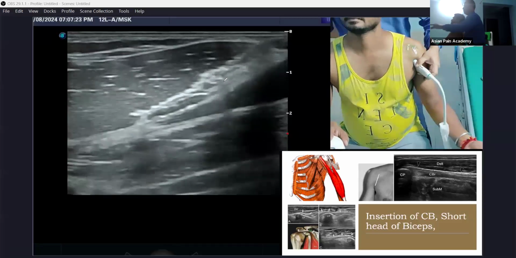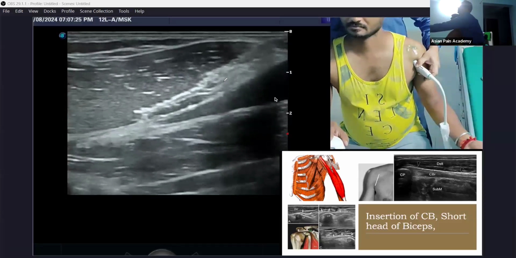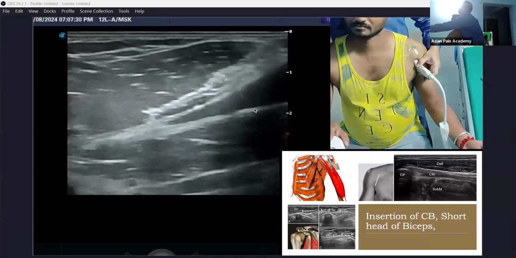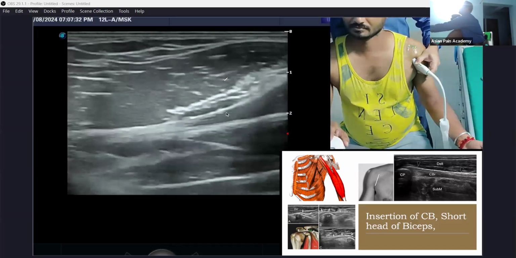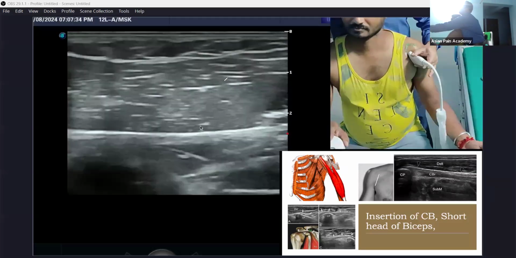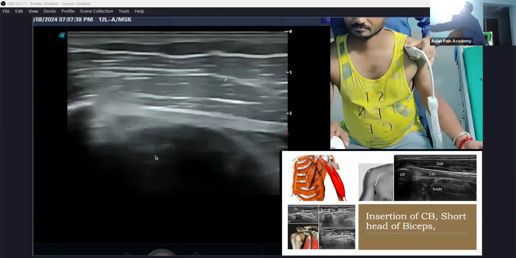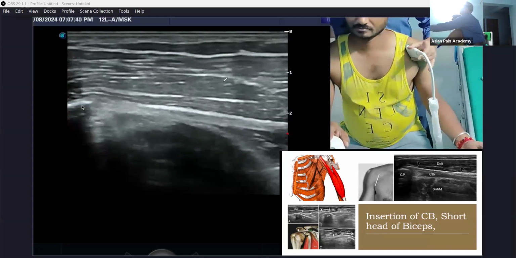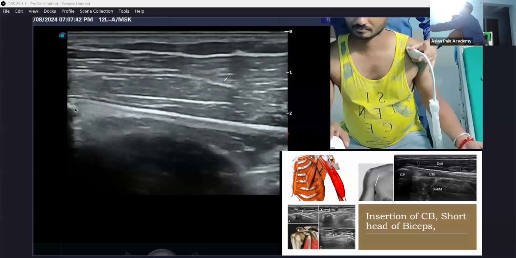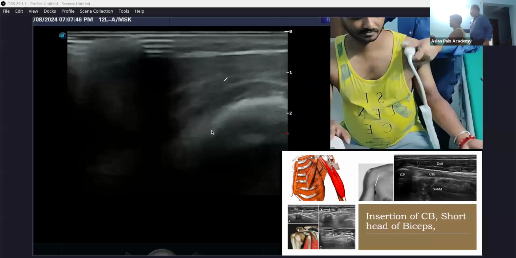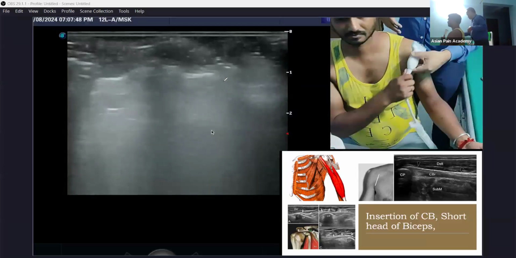This is the long head, this is the short head. The short head goes and joins the coracoid process. This is the tip of the coracoid process. Okay, so these two are fine.